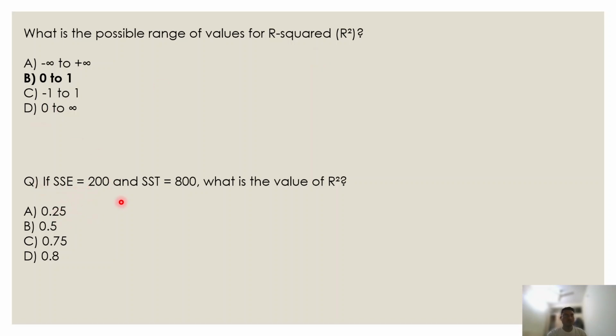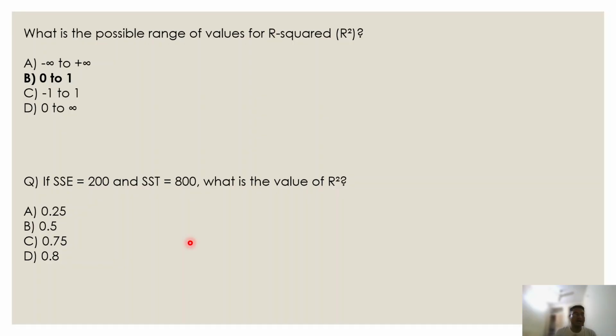If SSE is 200 and SST is 800, what is the value of R square? Just remember your formula of R square, and remember what exactly SSE means and SST means, and then you can put all those things together and you will get the answer.